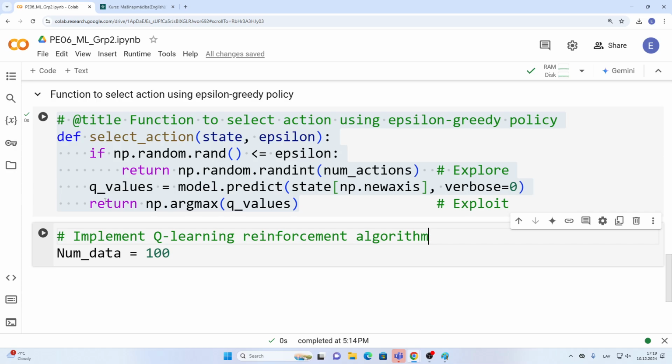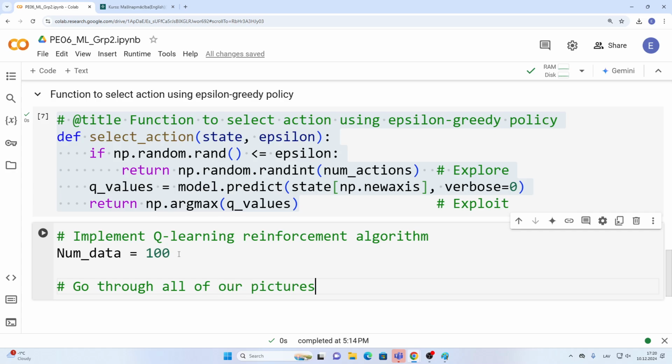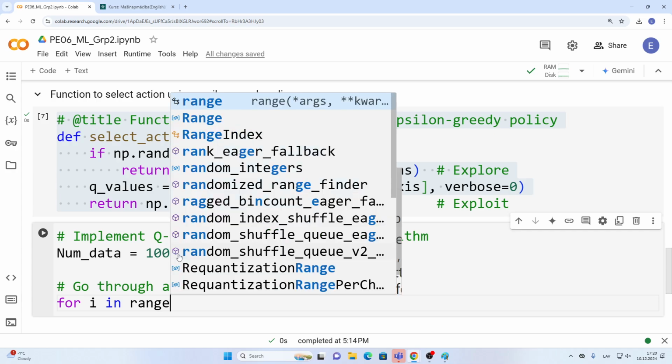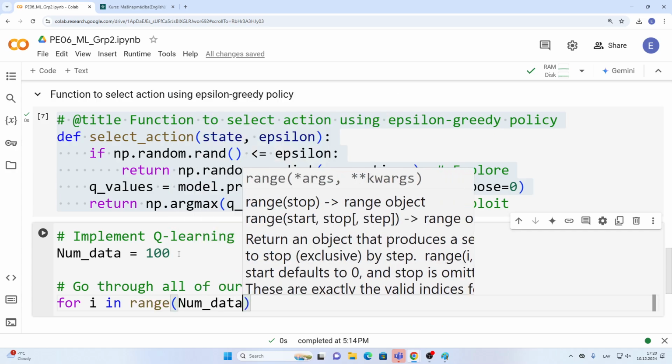What we need to do is take every picture we have and go through them. That means we create a for loop going through all of our pictures, which in our case is 100, with a for loop: for i in range number of data.